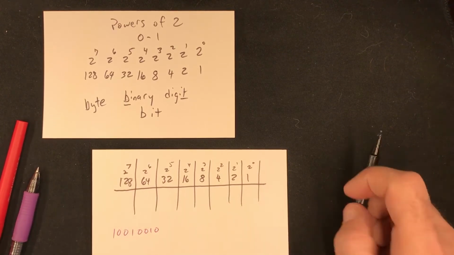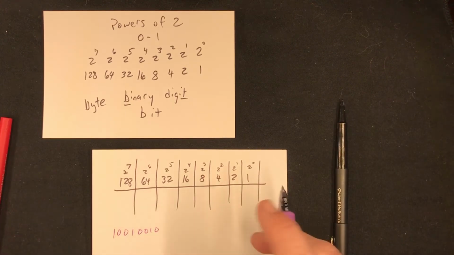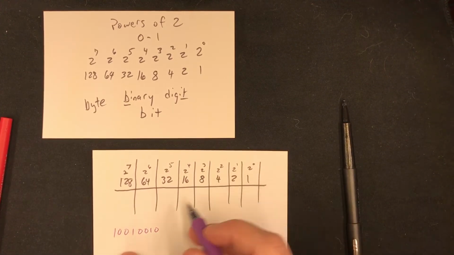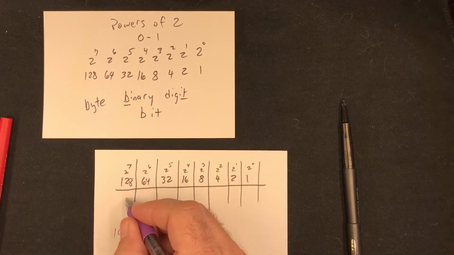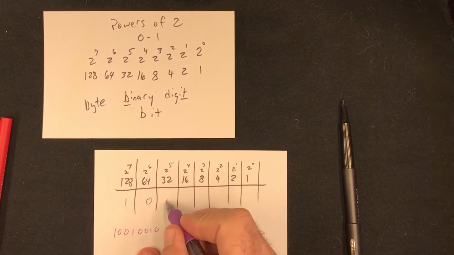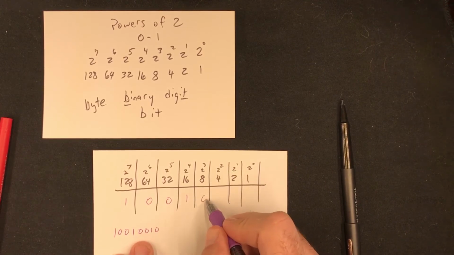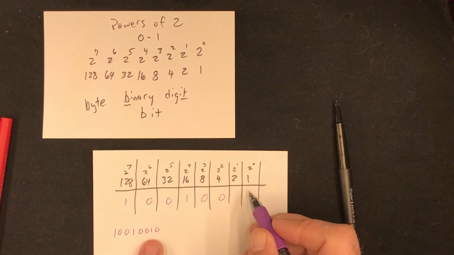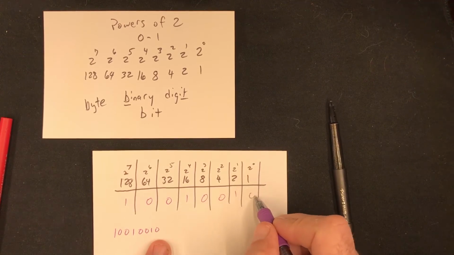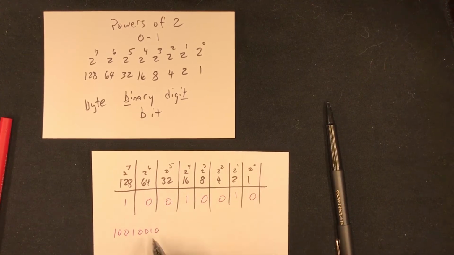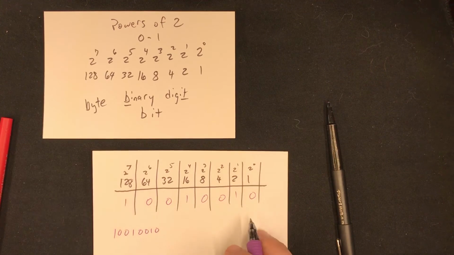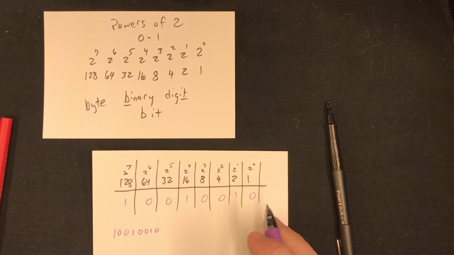I want to convert that. So I go ahead and write that in my grid. It starts with a 1, a couple of zeros, a 1, a couple of zeros, a 1, and a 0. All right, so that's my number. And then to take it into decimal, or base 10, like humans are used to reading, you just add up all of the ones.